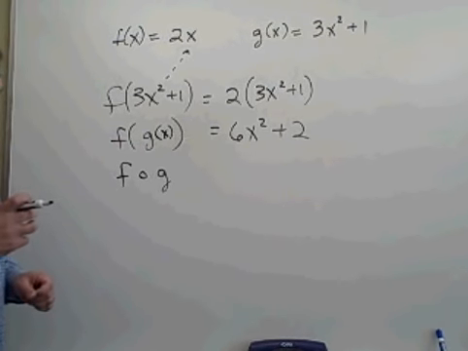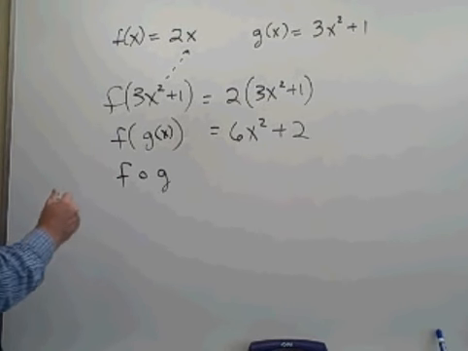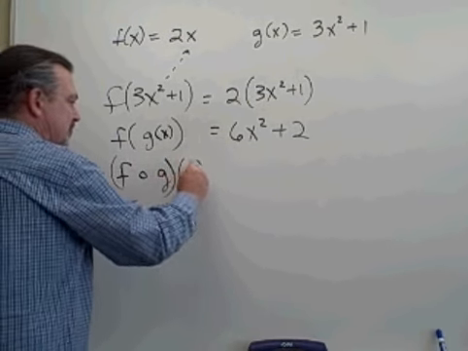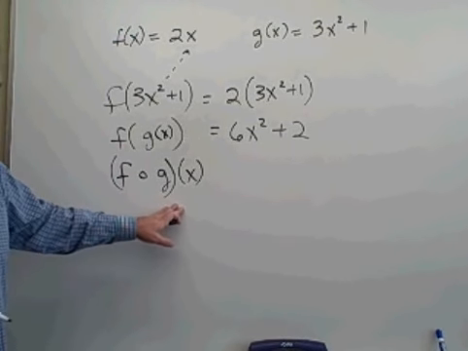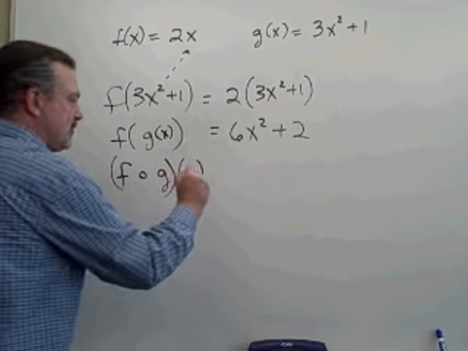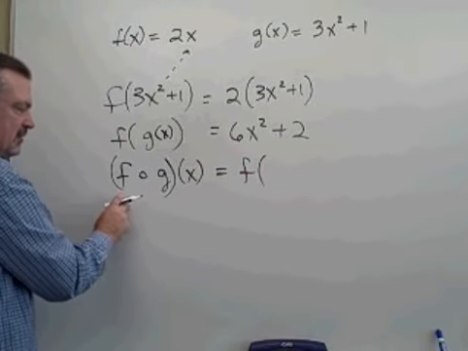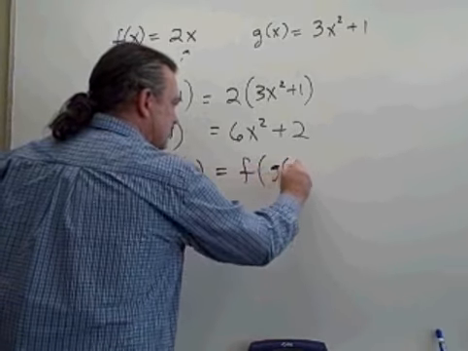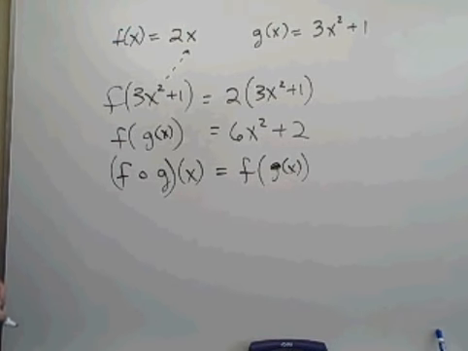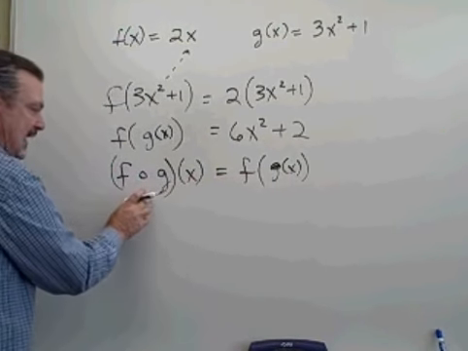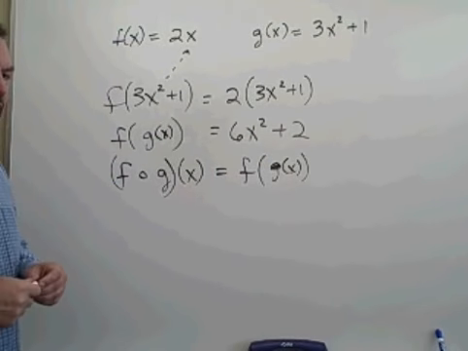The empty dot, the circle, indicates composing functions. So we have formed the composition of function f composed with function g. And the way we do that is we evaluate the function f at the expression for the function g of x. And in this case, f composed with g would give us the function 6x squared plus 2.